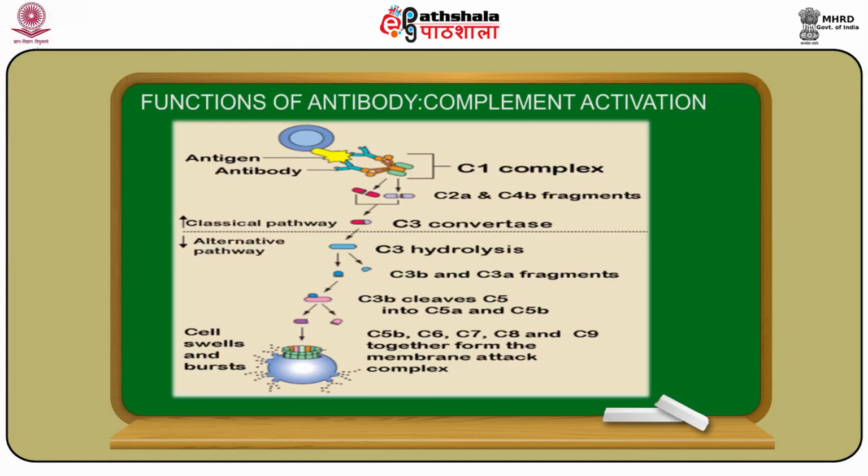Antibodies also activate the complement system. Antigen and antibody complex activates C1, the first component of classical pathway of complement system. Once it is activated, it kills the bacterial cell by forming a membrane attack complex or MAC.